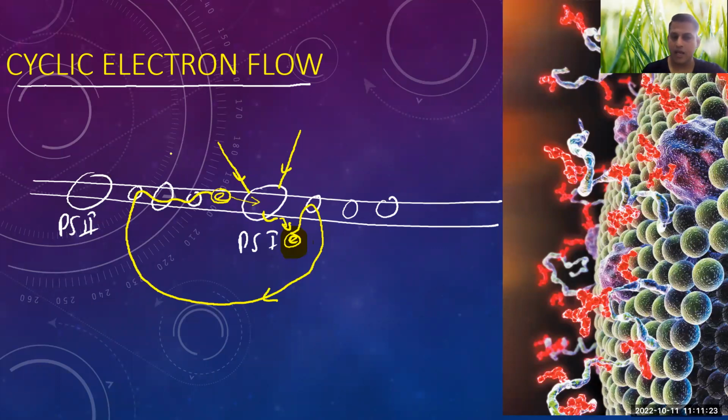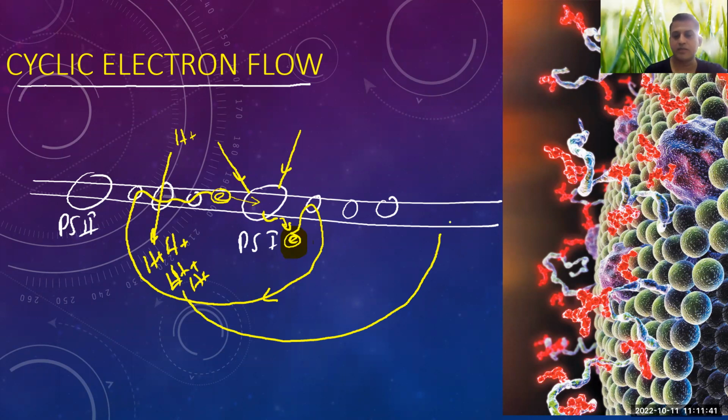This again pumps hydrogen and establishes a hydrogen ion gradient. So this hydrogen ion can now escape through this ATP synthase complex, and in this case again it can make ATP.